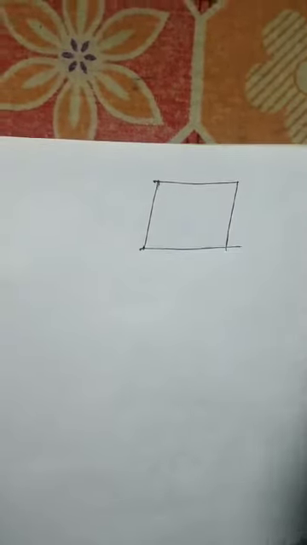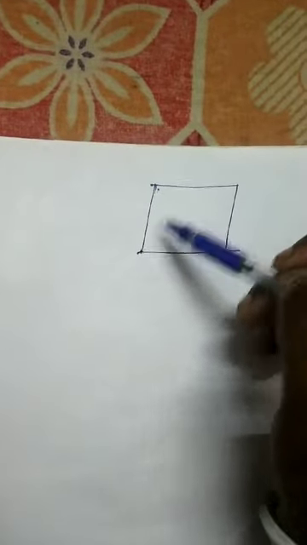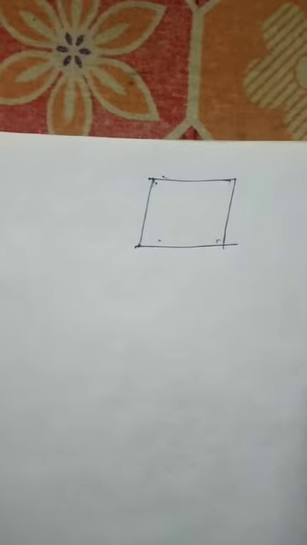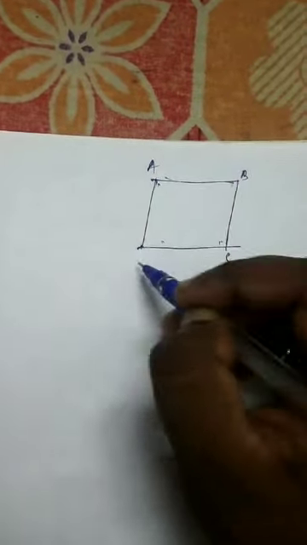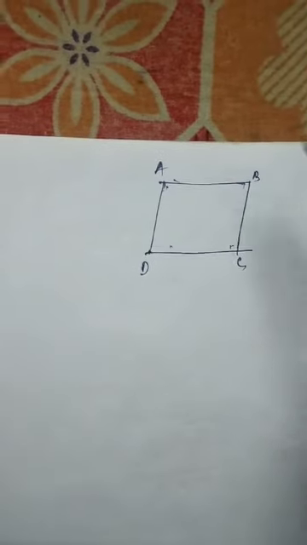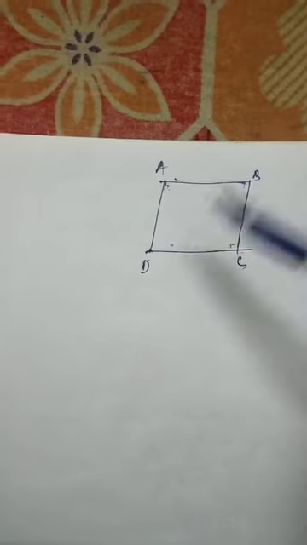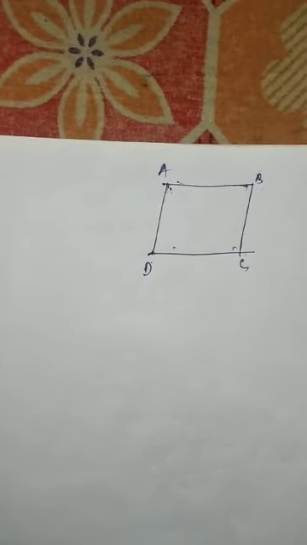In a parallelogram, take two adjacent angles. Adjacent means it can be this and this, or this and that. If you name them A, B, C, D, adjacent angles are either A and D, or A and B, or B and C, or C and D. Your wish, whichever you want to take.